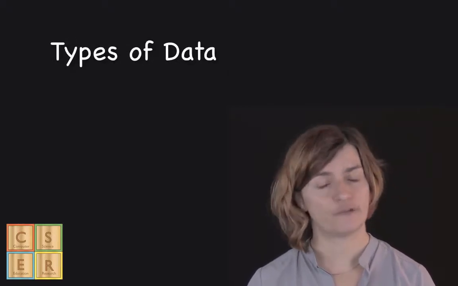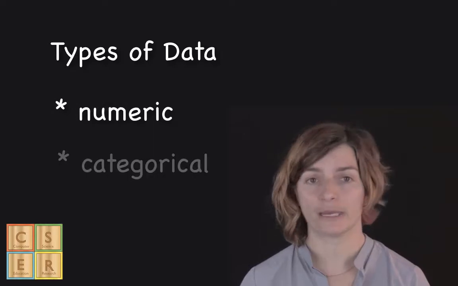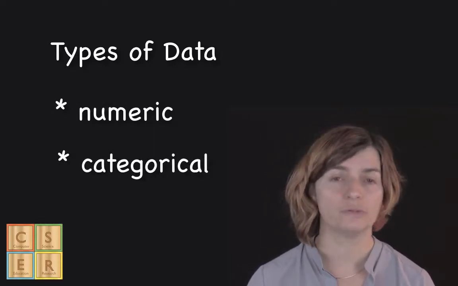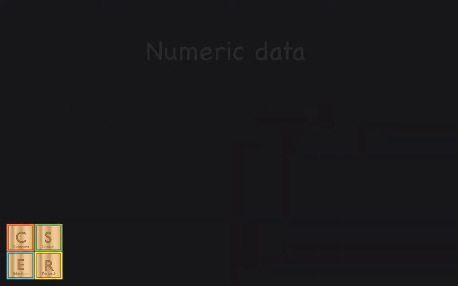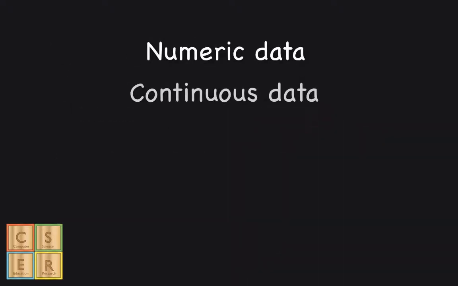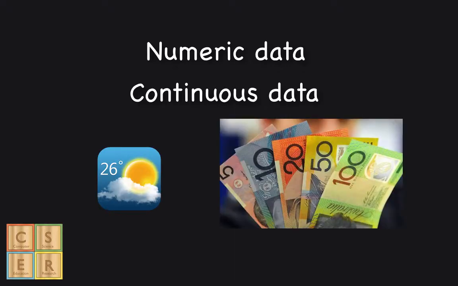Data comes in different forms. Essentially, data can be numeric or categorical, also known as quantitative and qualitative data. Continuous data includes data that can be within a measured range, for example, measurements or weather or money or volume.